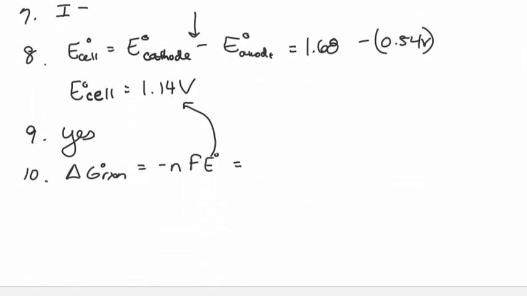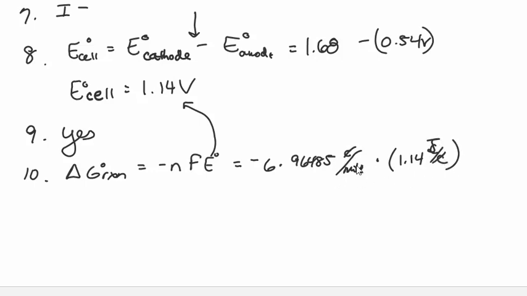So we have a negative 6 times Faraday's constant, 96485, and that is coulombs per mole of electrons, and that's going to be multiplied by the E that we found, 1.14. A volt is a joule per coulomb. So those cancel, moles of electrons cancel, and I didn't put moles there.